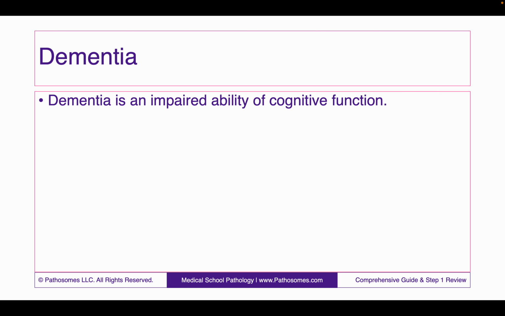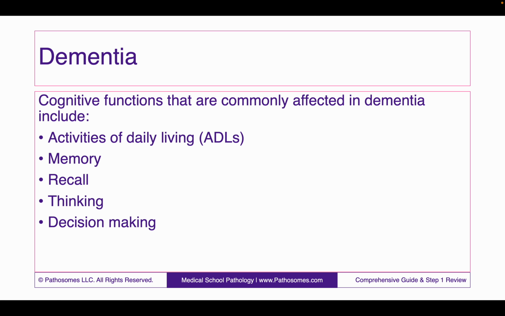Dementia is an impaired ability of cognitive function. Cognitive functions that are commonly affected in dementia include ADLs, right? The activities of daily living, as well as memory, recall, thinking, and even basic decision-making.